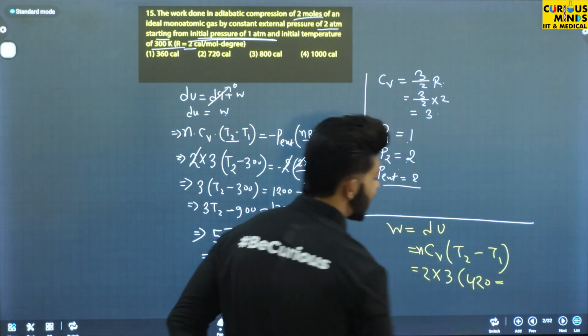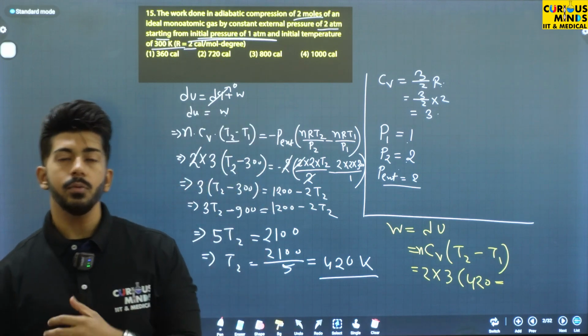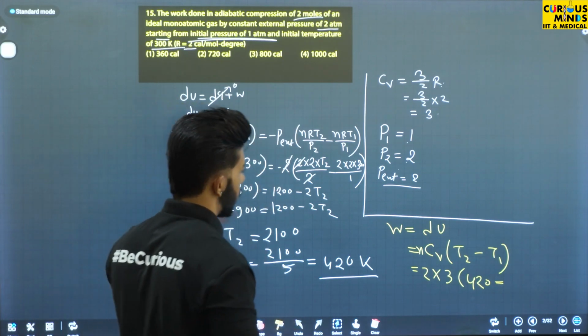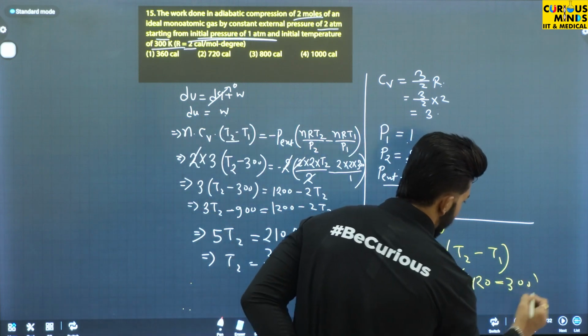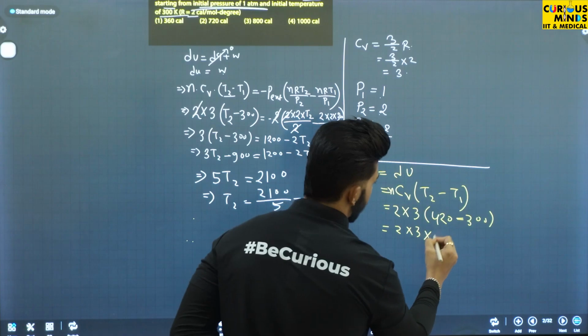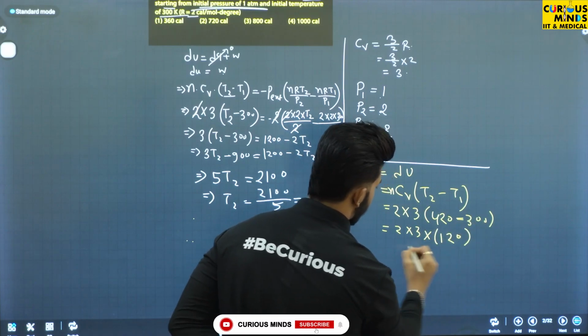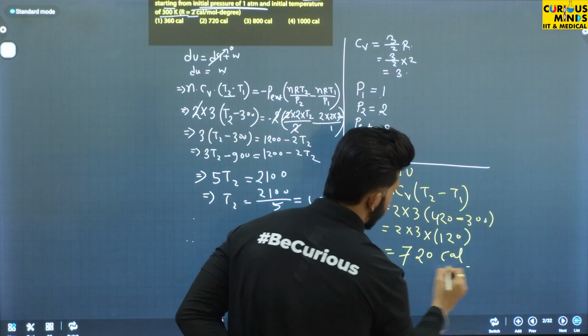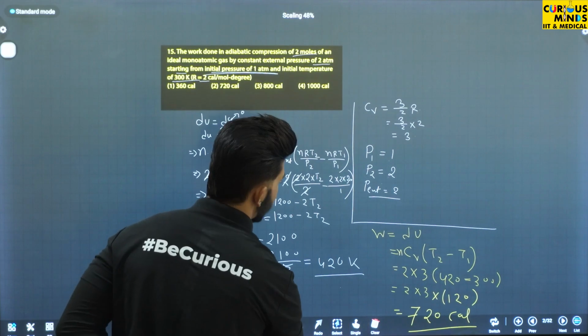So 420 minus what was the initial temperature? As you can see in the question, the initial temperature is 300, written somewhere here. This one, 300. So this will be 2 into 3 into 120, right? So 6 into 120, that means 720, and this will be in calories. Since the values are given in calories, 720 calories.